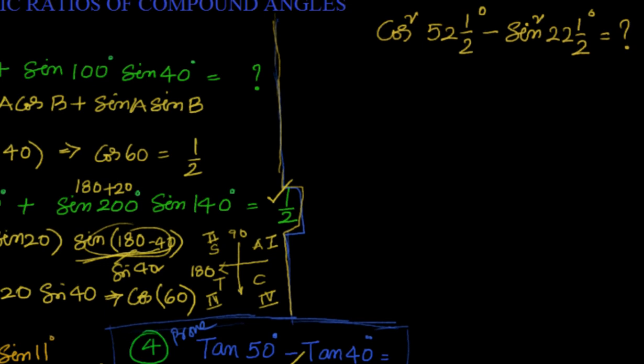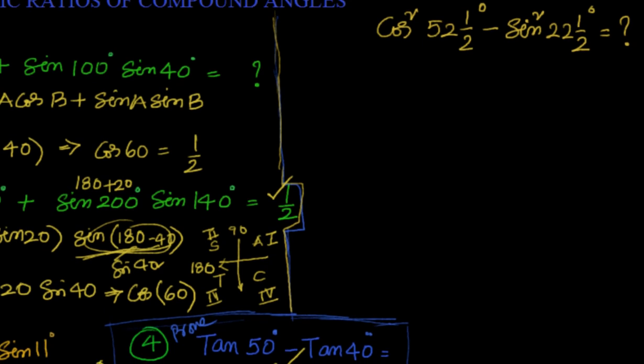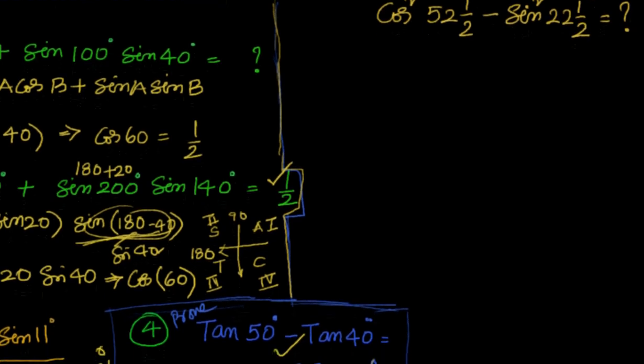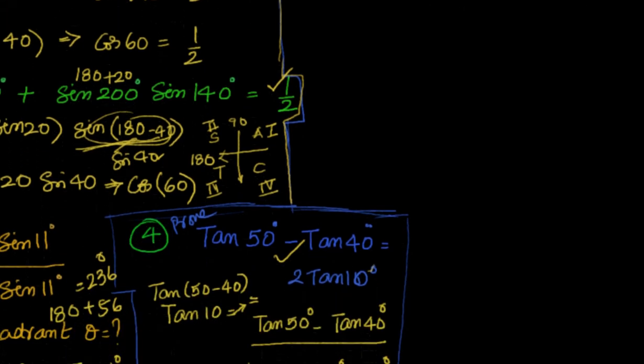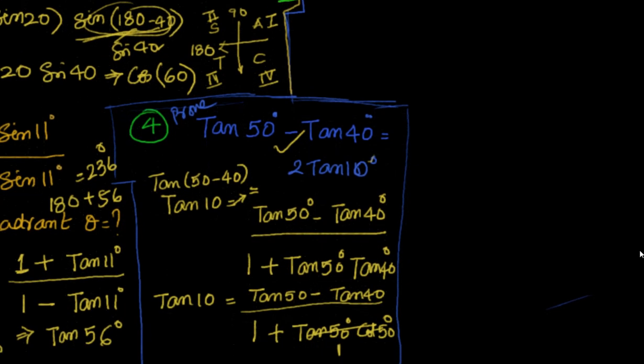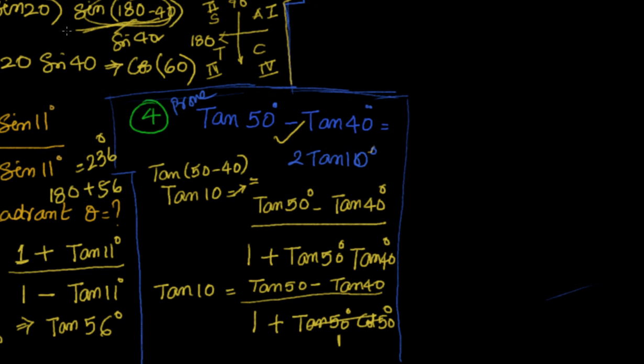When cos square and sin square like this are there, we should understand two formulas which I haven't covered, but you can just go through them. I'll explain briefly.